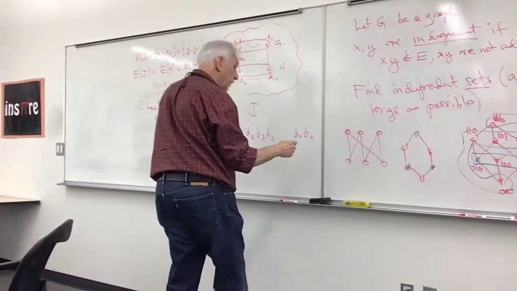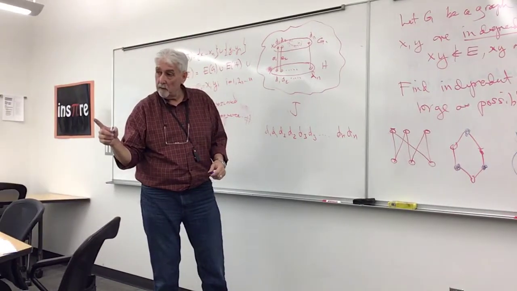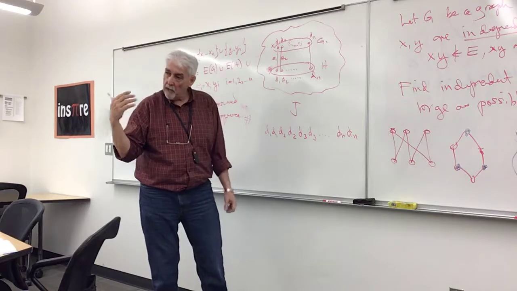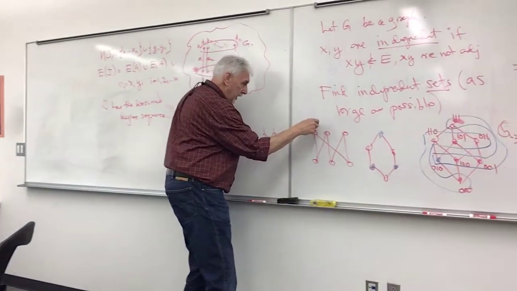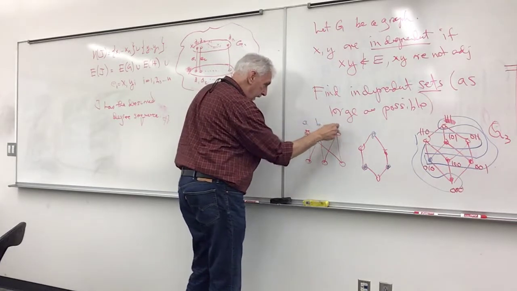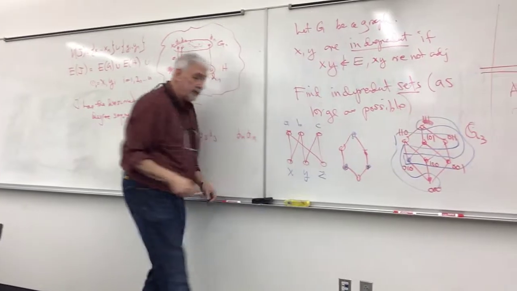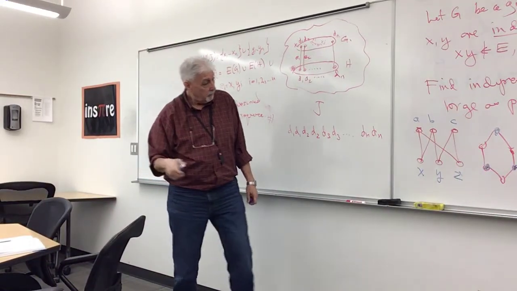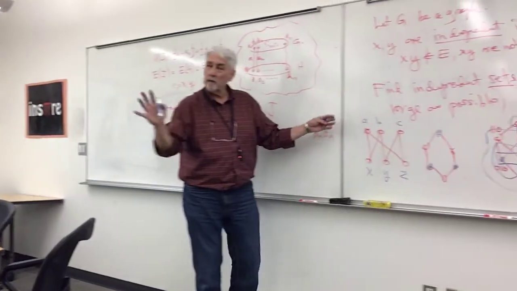If you add more edges, it's the same. Okay, so give me an edge that I can add. Let's call the vertices A, B, C, and X, Y, Z. Is there an edge that I can add? Yes, like connect A and B. Oh, careful.